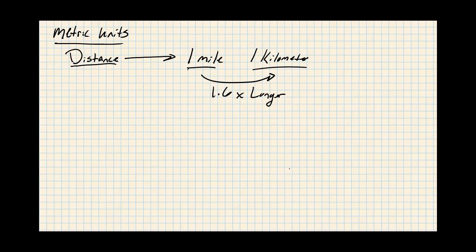So it can create confusion within groups that are trying to communicate with each other if they don't use the same units, or you have to memorize about how big a mile is compared to a kilometer, or about how big a gram is compared to 1 pound, or an ounce compared to a milliliter.